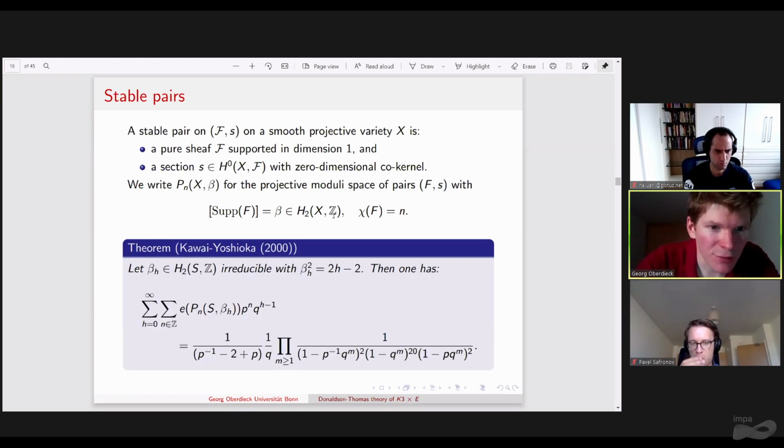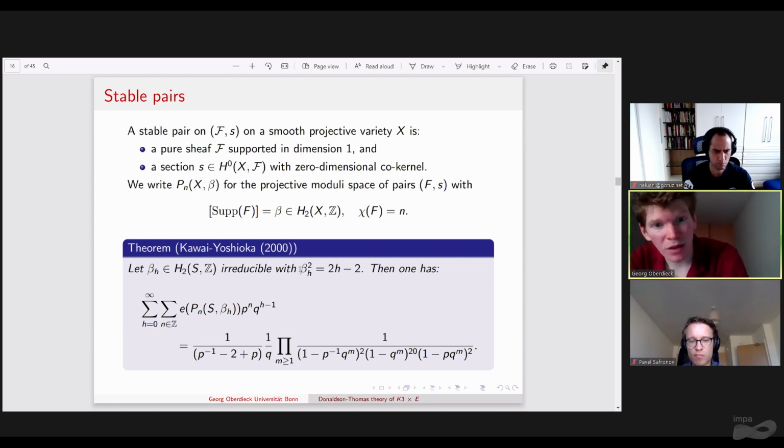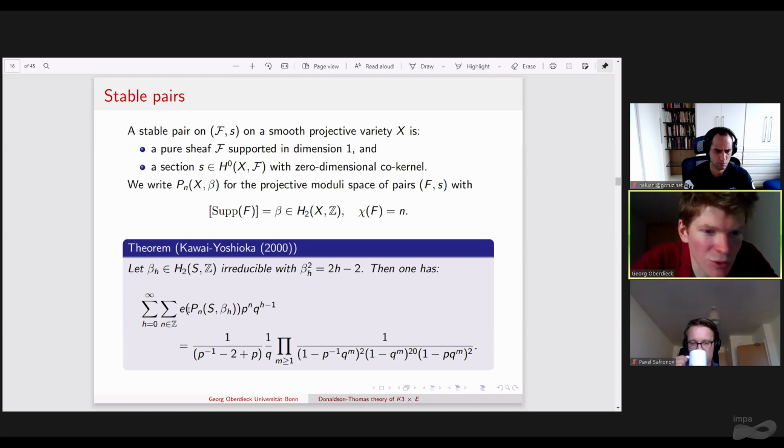So if you take your K3 surface and take this class beta to be an irreducible curve class of a given square 2h minus 2, then there's this very beautiful formula by Kawai and Yoshioka. The moduli spaces in this case will be smooth, and this formula tells you the generating series of the Euler characteristics of these moduli spaces.